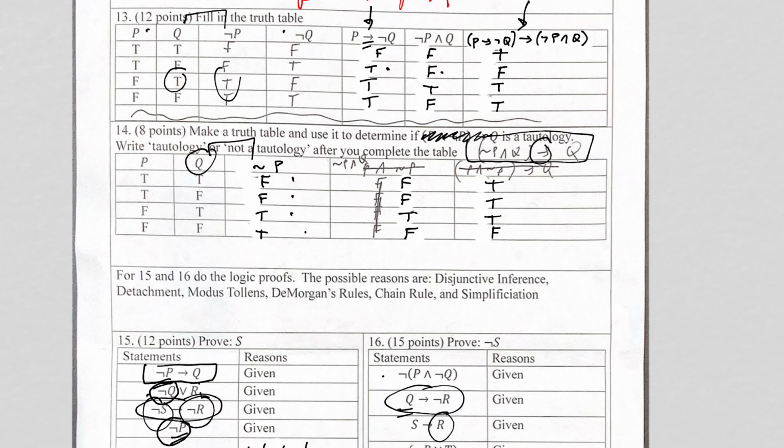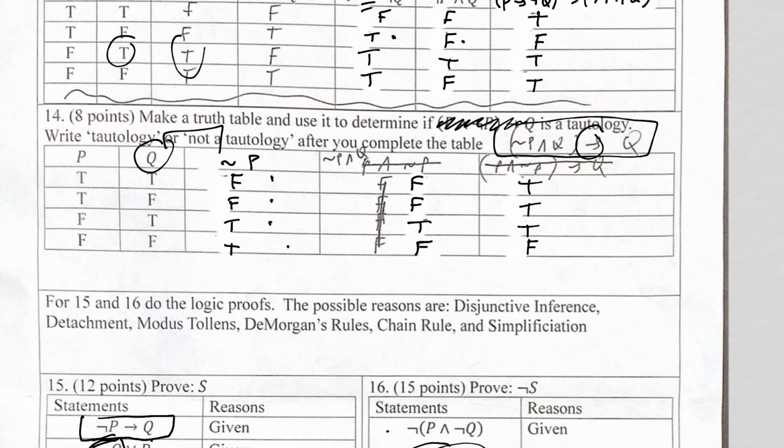Let me check. Ah, yes, there was a mistake here, now that I've re-looked at it. So we have the P and Q, which is this column, and the arrow going to the Q, which is this. So I'm looking if there's a true here, but a false here.